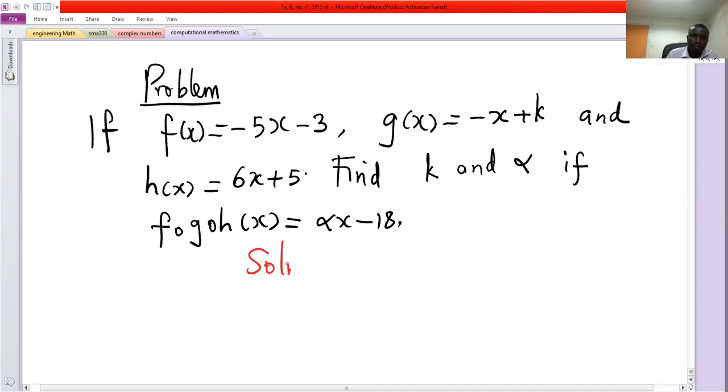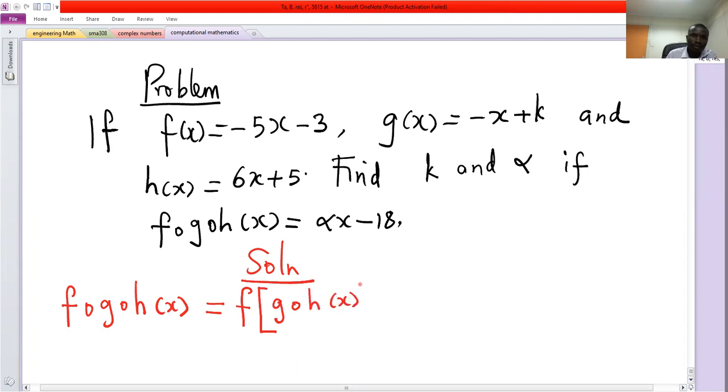Solution: f composed with g composed with h is the same as writing f of g of h of x. That is step 1.